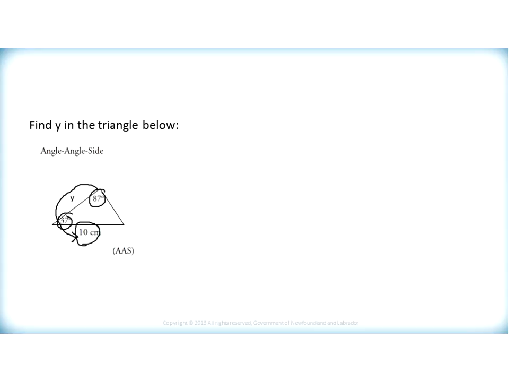So if I want to find side y, the best thing to do would be, first off, to label our triangle again. So we've got triangle A, B, C. We got little side A, little side B, and little side C.